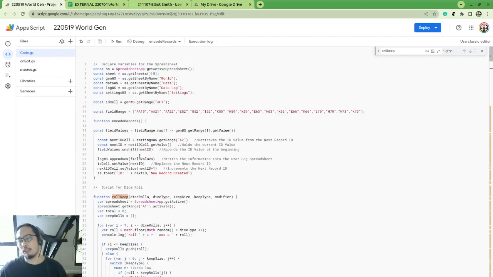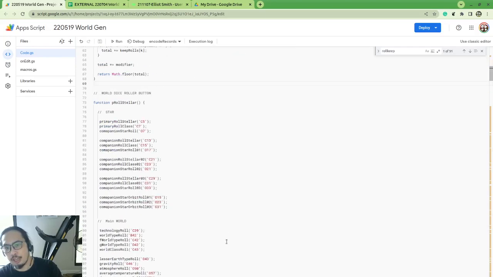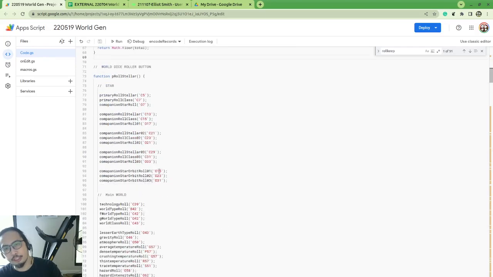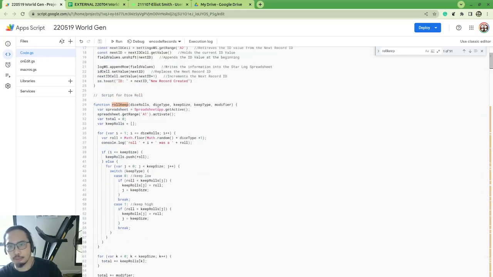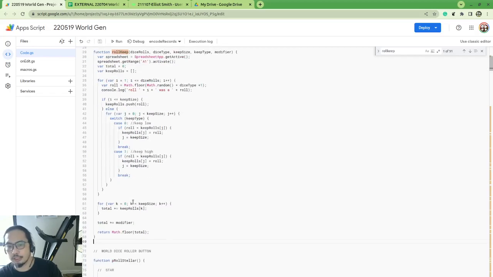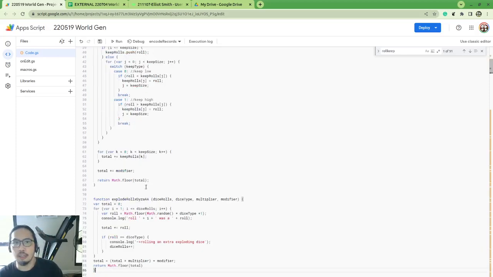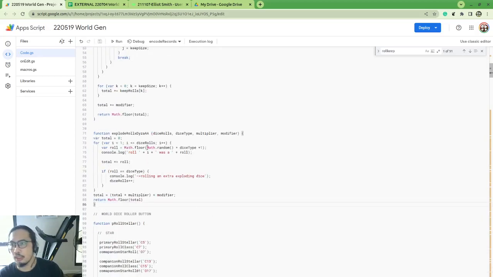Originally, the OJTs, which I paid for to do this, hand wrote all the rolls. So like I told them, no, just use the function, just use roll keep, and just do that. So one of the things we forgot to put was the exploding die. So let's put that here. So just cut and paste it. I'll save it. So explode roll and stuff.